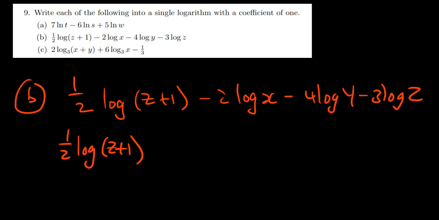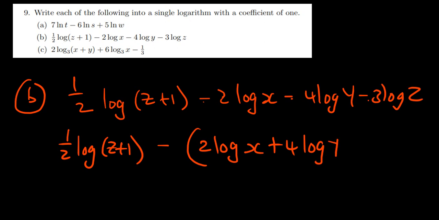I noticed that the following three logarithmic functions all have a minus, so let me factorize that minus and put whatever I have in brackets. It will be 2 log x plus 4 log y plus 3 log z.